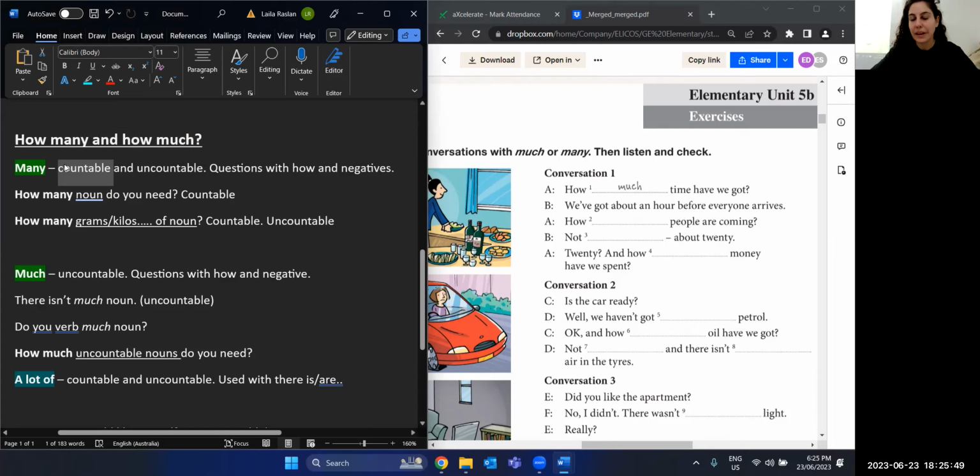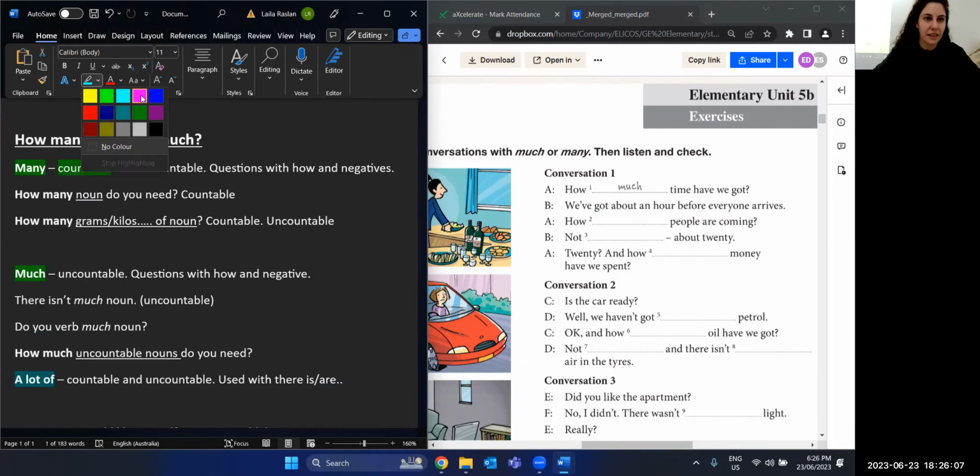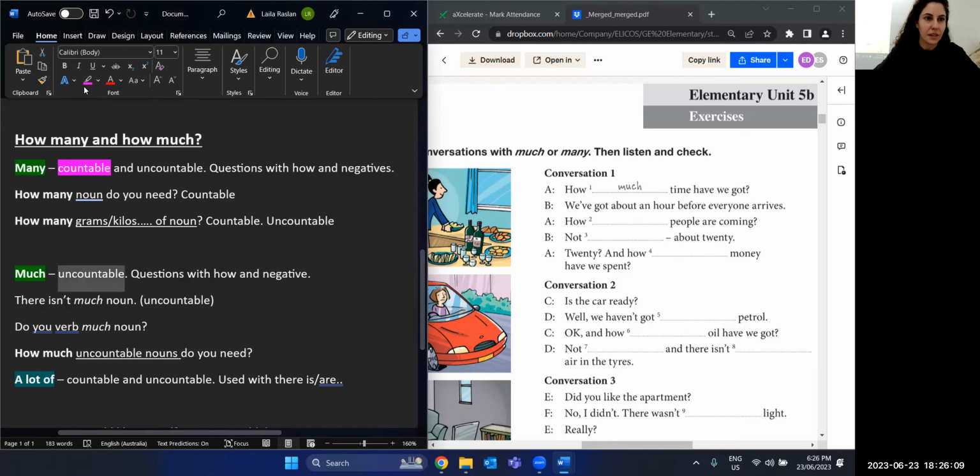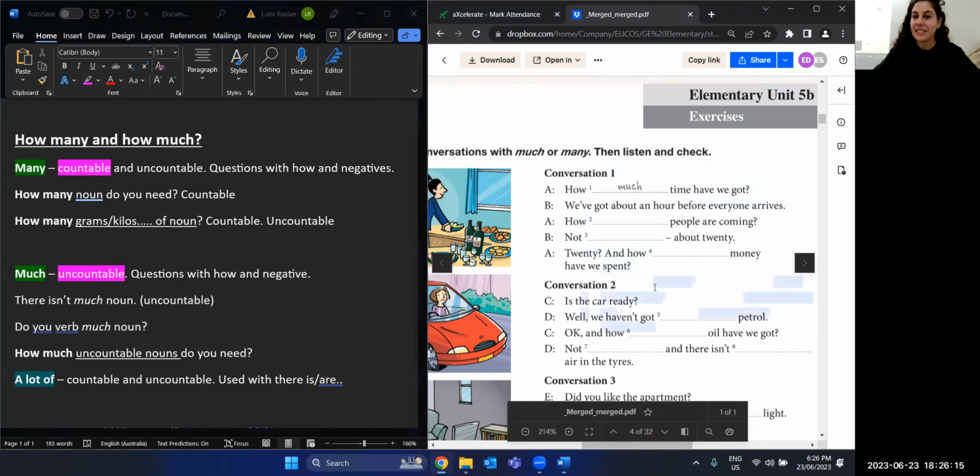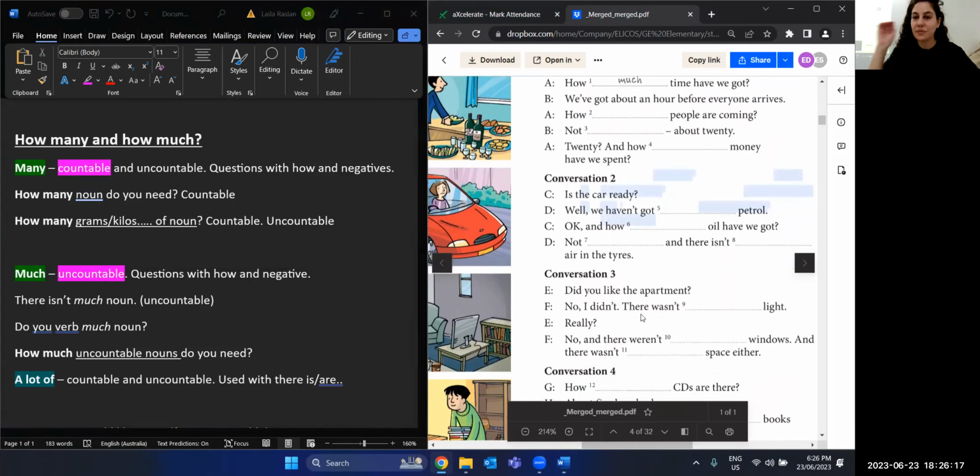Not many, about 20. And money is uncountable, so we must switch to much: how much money have we spent? So can you see why we keep switching? Because countable or uncountable? I'll put this in a color so you can see countable, but uncountable. So just be careful.